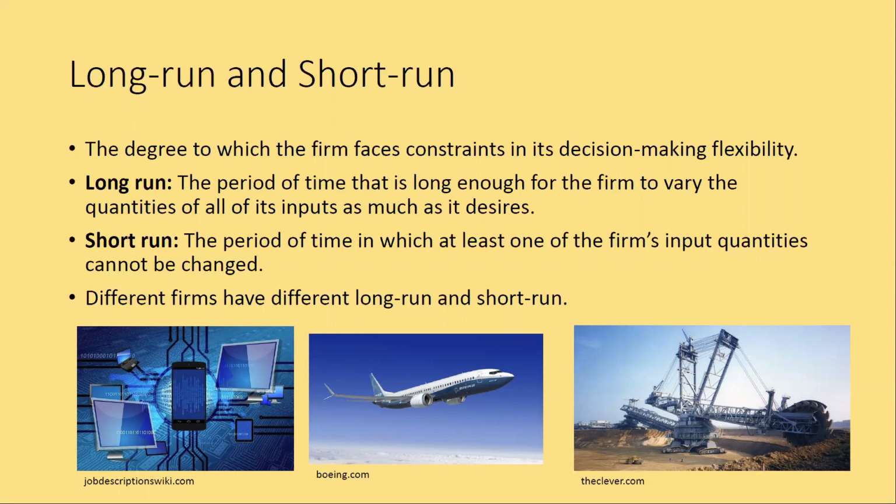However, if we think of an airline company that wants to purchase new aircraft from the Boeing company, it may take 1 year or 2 years or even more than that for the new aircraft to be delivered. In this case, the airline companies are not as flexible as the software companies when they want to make adjustments to the amount of capital they are using.